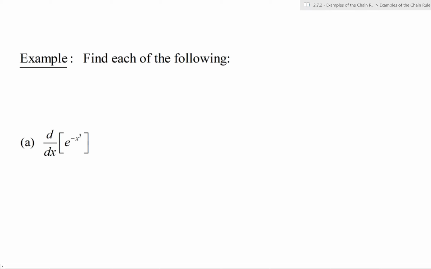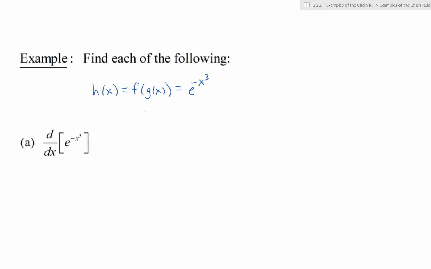Once we identify the composite function, what's the inner function? What's the outer function? We can think of our composite function h of x, or f of g of x, as e to the negative x cubed. We want to identify the inner function g and the outer function f.